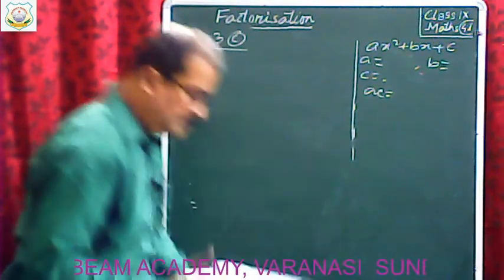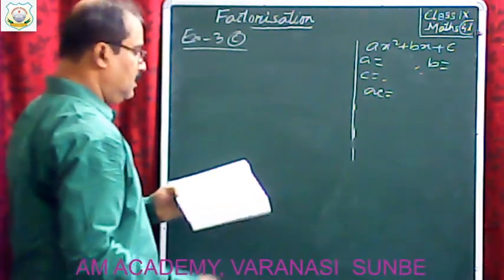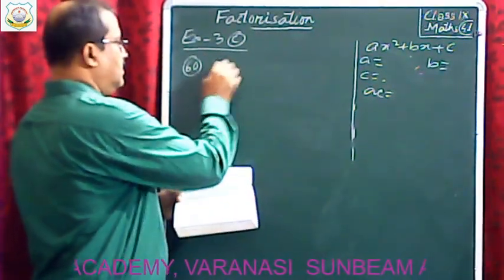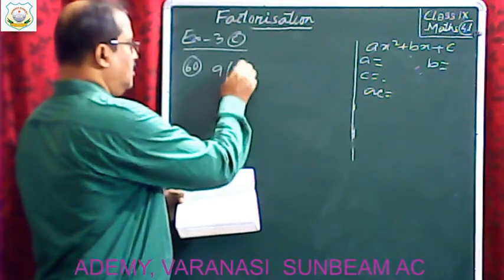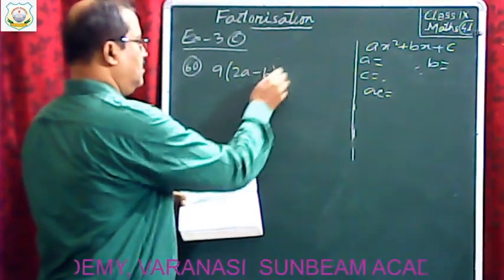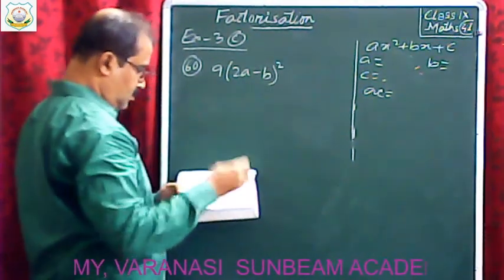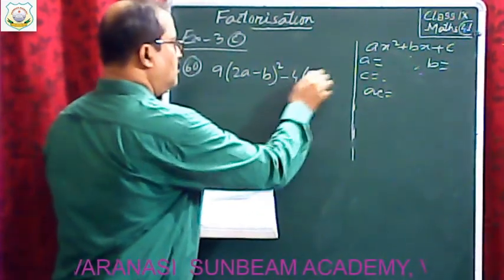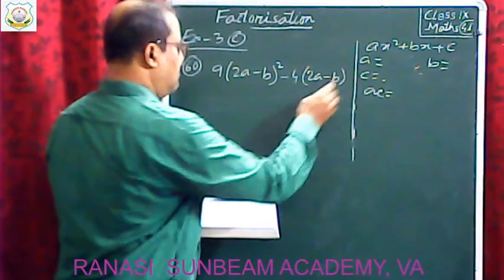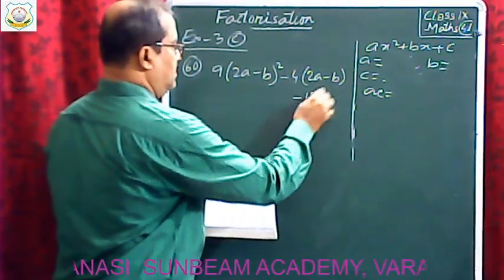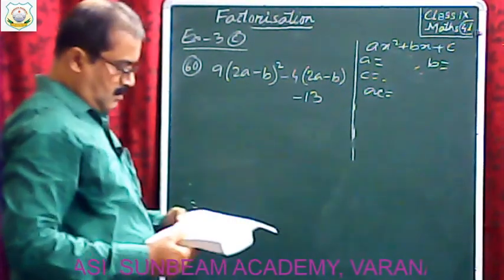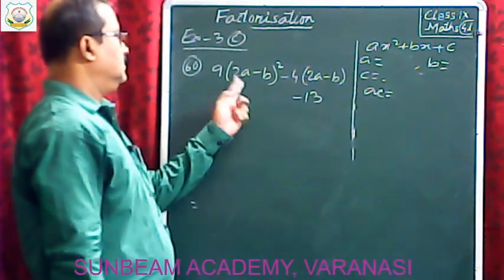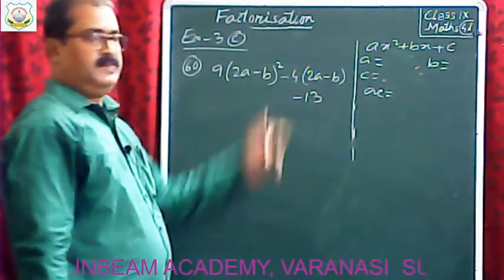Now next pattern, question 60: 9 times (2a minus b) whole square minus 4 times (2a minus b) minus 13. So 2a minus b, 2a minus b.